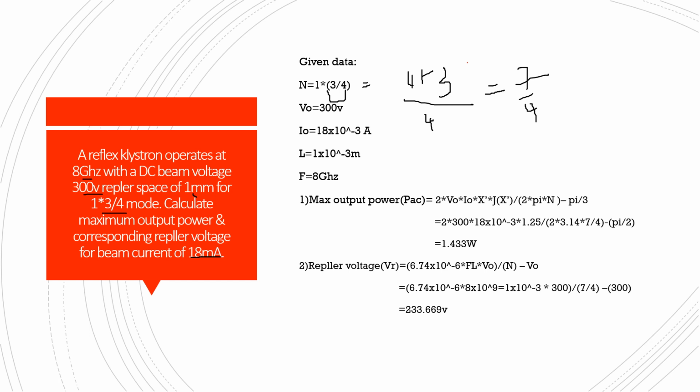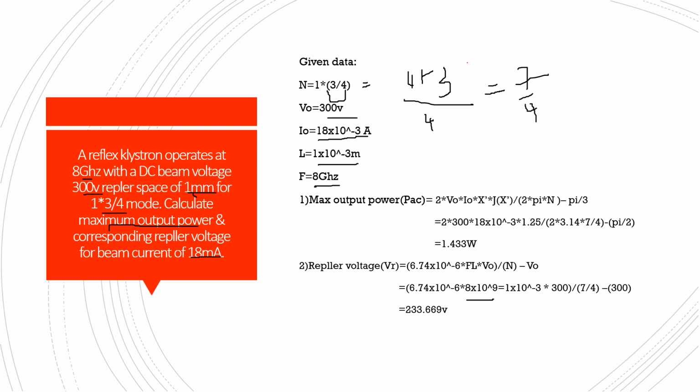The beam voltage is 300 volt, the beam current is 18 milliampere, the repeller space L is 1 millimeter, and the frequency is 8 gigahertz. Giga means 10 power 9.